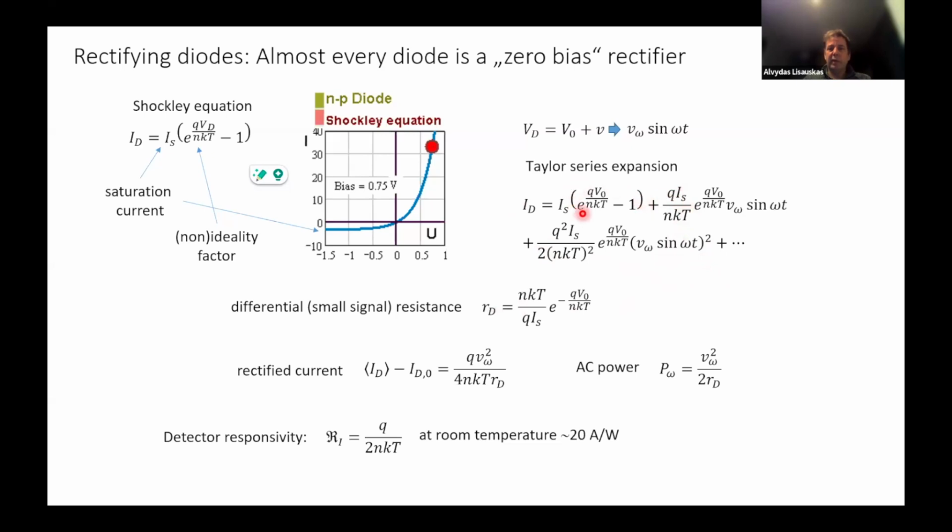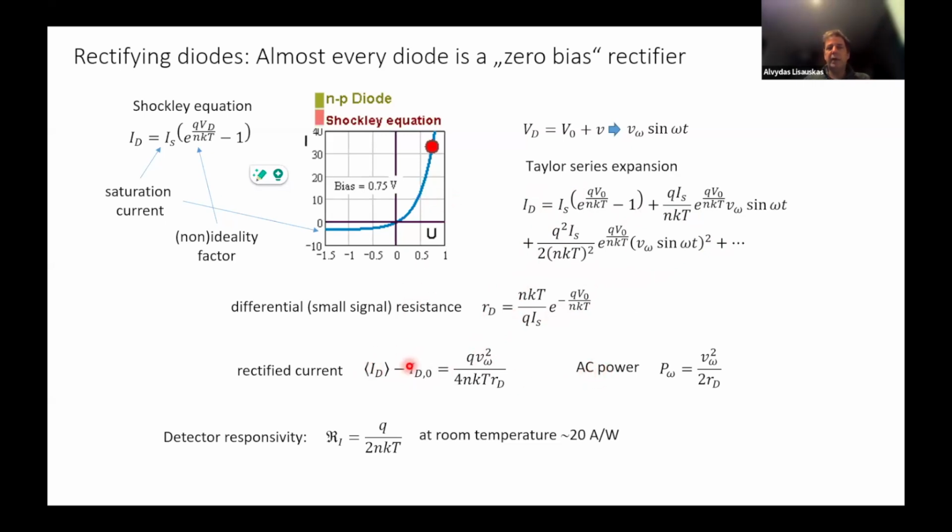So that is DC. This part is the direct response, which allows us to get differential or small signal resistance, the same as the slope of the load curve or IV curve. So that's the resistance that we have, and then we have the rectified current, the DC current that we had without applying the AC signal, versus this additional term. So from differential resistance, we can get what AC power we applied on our device.